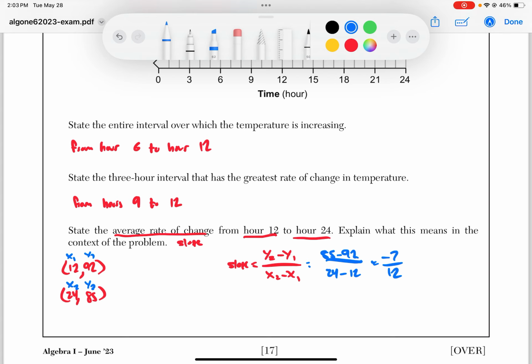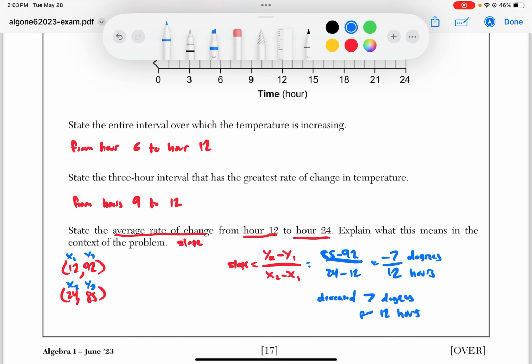So, this is negative 7 degrees in 12 hours, right? Because these are hours. So the proper contextual response would be decreased 7 degrees per 12 hours.